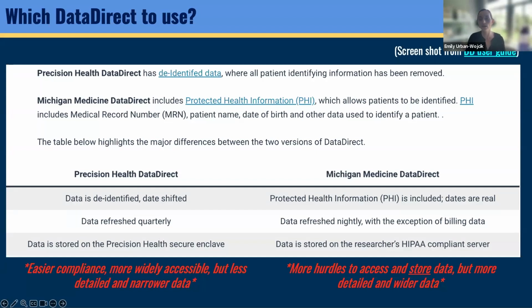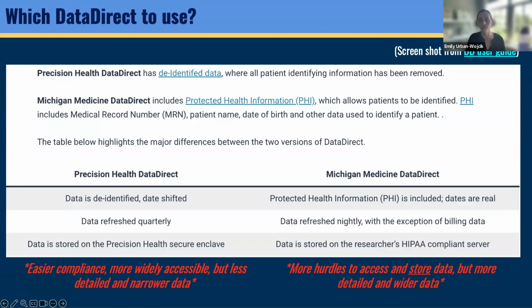As the user, we don't know how much each patient's dates have been shifted, but the good thing is that the temporality is maintained within patient. So we can be confident that even if the dates have been shifted, the time that spans between the two within patient is accurate. Michigan Medicine dates are not shifted at all. So that's good to know if that is important for your project.